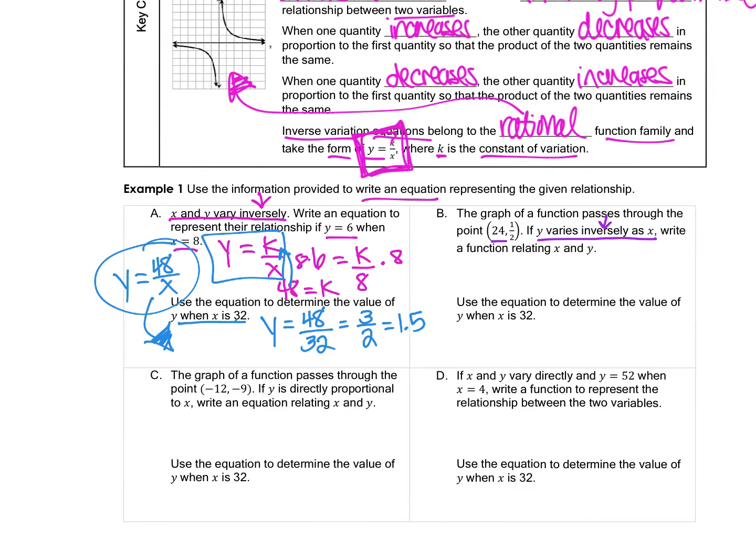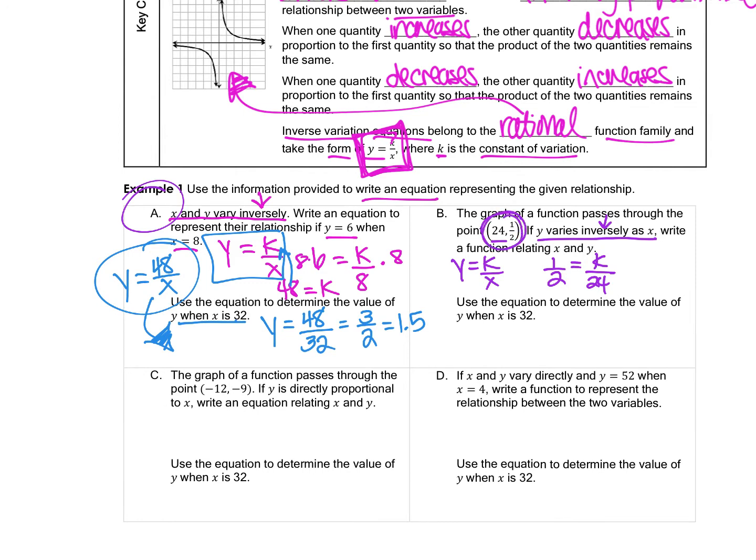So we're given x and y just like we were given on example A, but it's in an ordered pair form, which is fine. So we know our equation is going to be y equals k over x because it said inversely. I'm substituting in the y is 1/2. We don't know the k. The x is 24 because we found it from this ordered pair here.